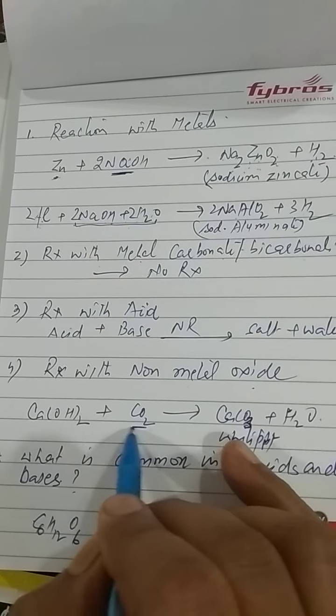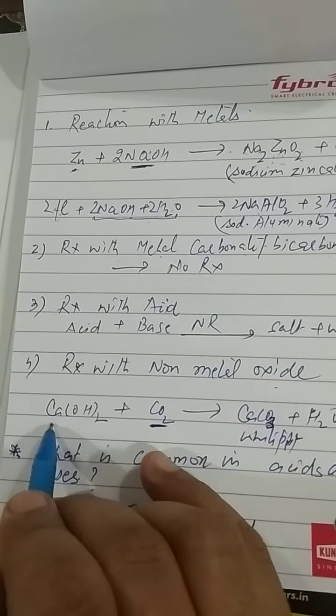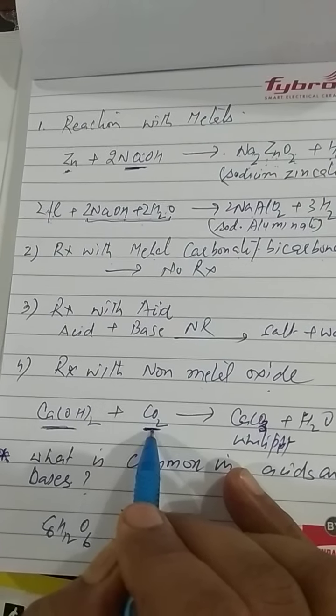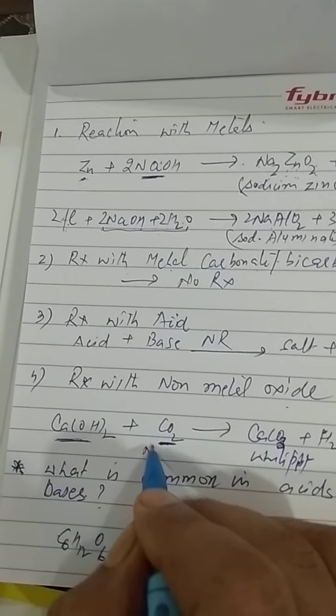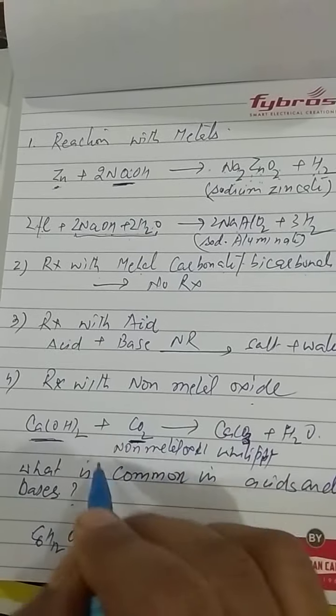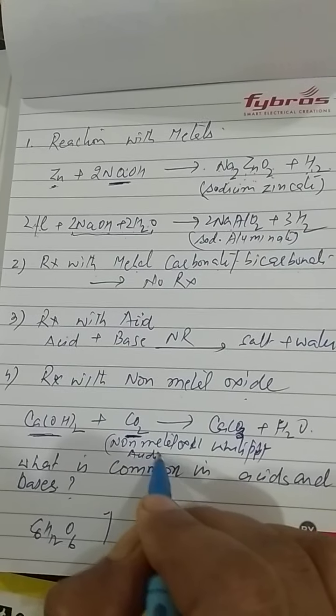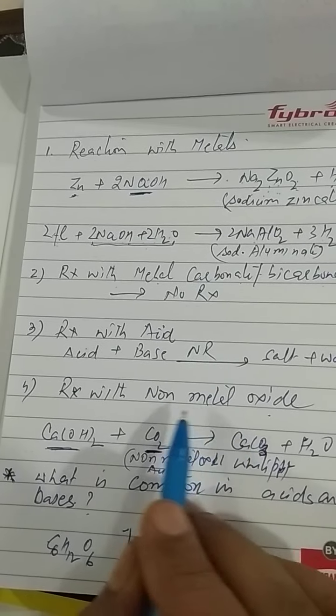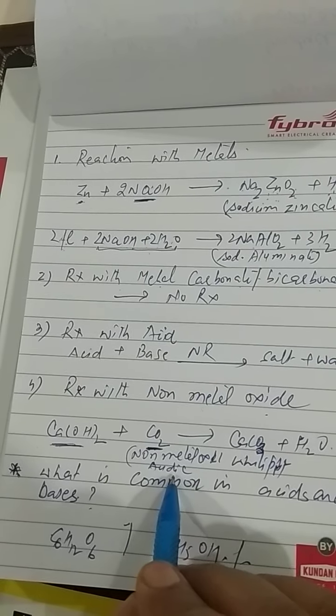Carbon dioxide is a non-metal oxide, and this is a base, right? How does base react with carbon dioxide? Metal oxides are basic in nature, and non-metal oxides are acidic in nature.